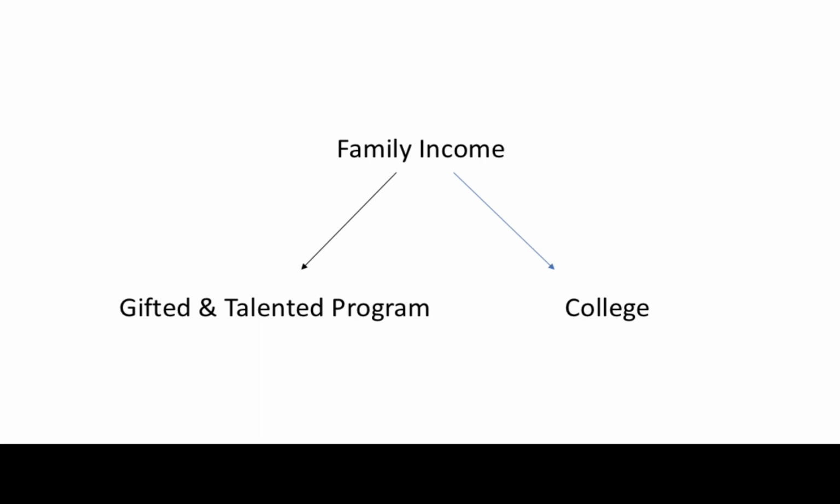This may be because gifted and talented programs cater to the same population of high-income students who are, of course, more likely to attend college. So it doesn't mean the gifted and talented programs cause college attendance. We can look at a quiet study space. So gifted and talented programs might be correlated to attending college because of the availability of a quiet study space. This would make quiet study space the confounding variable.